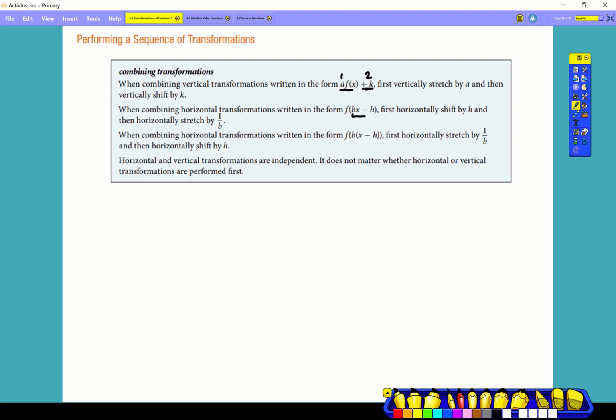Now when things are written on the inside, remember we have these factors, 1 over b. So it's not just b anymore, it's 1 over b.